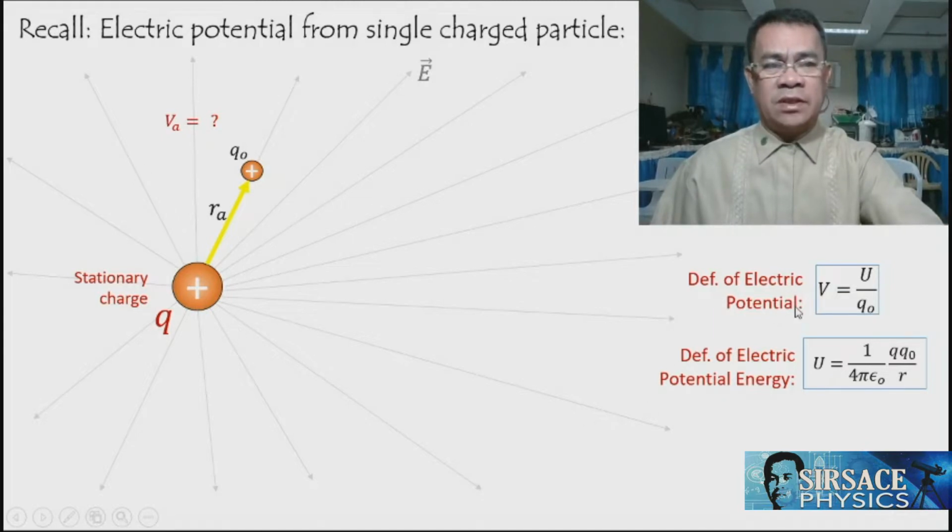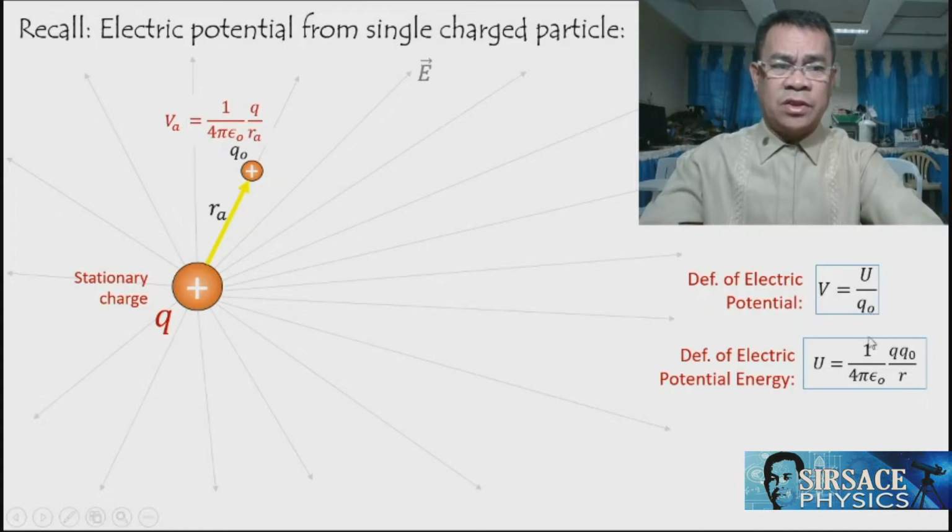So these are the formulas to calculate the electric potential and the electric potential energy. Now, if you are asked how much is the electric potential at the point where the charge is located, we need only U over charge. So substitute it here.